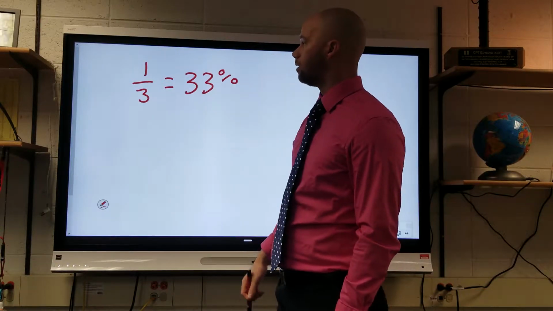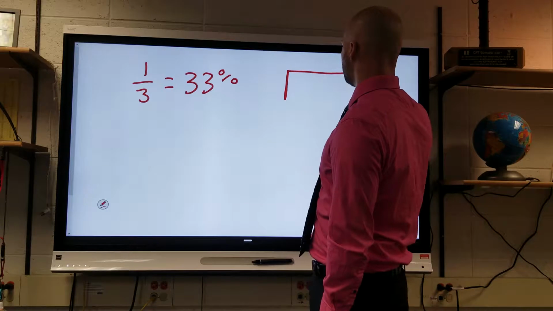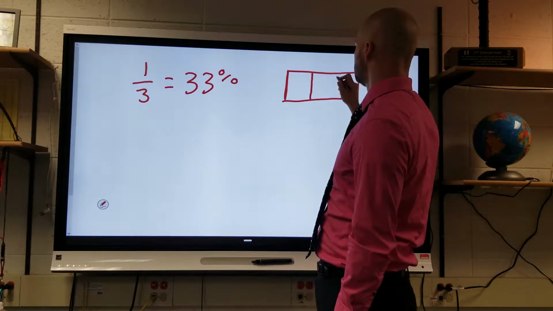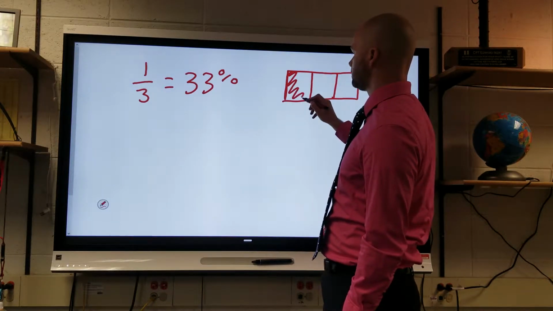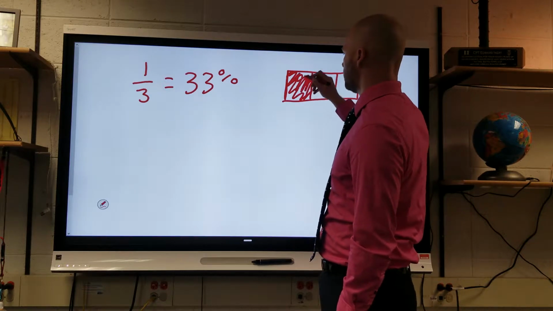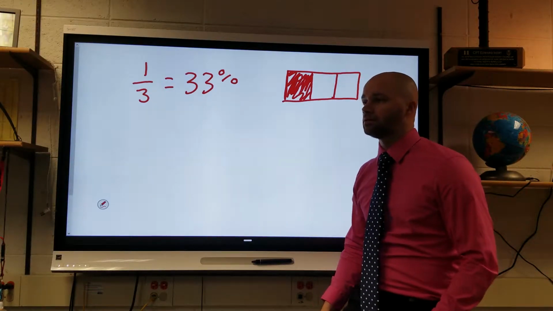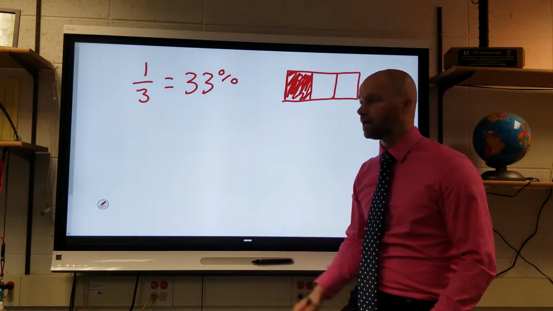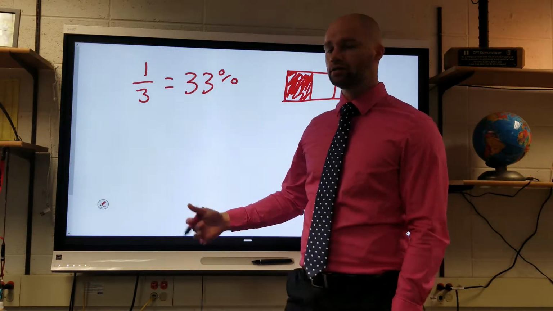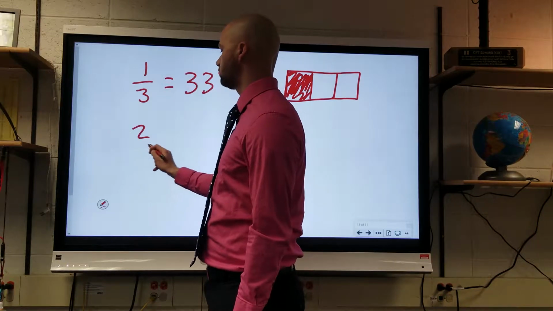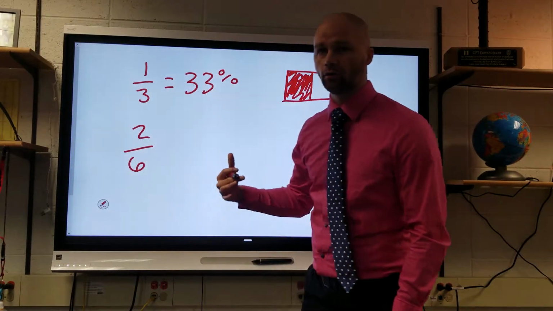Now, if we do a picture of that, every 3 times I get up to bat, I get a hit or get on base 1 time. That means if I'm up to bat 6 times, I'm going to get 1 more hit. So that would give me 2/6 or another 1/3.